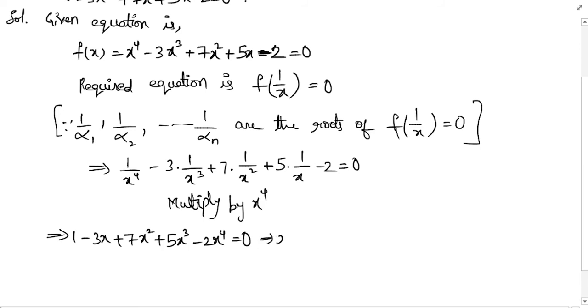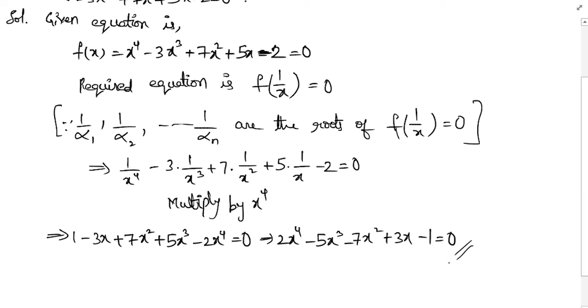This can be written as 2x⁴ − 5x³ − 7x² + 3x − 1 = 0. So this is the required equation.